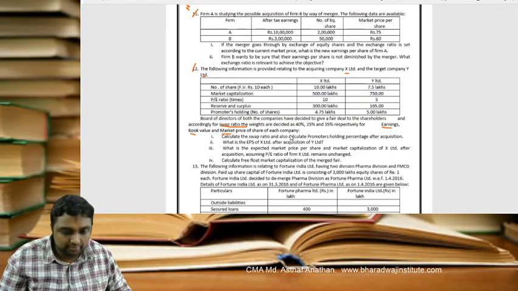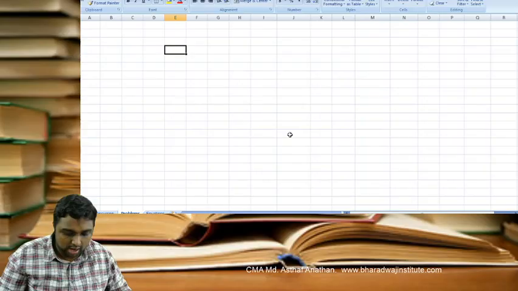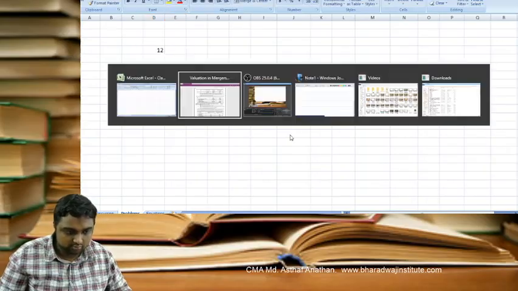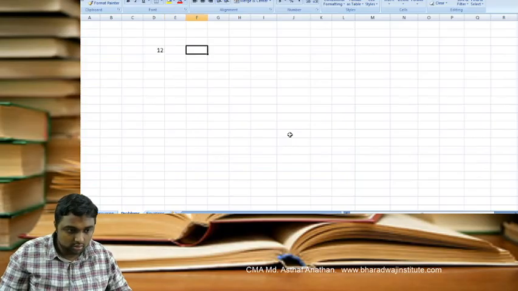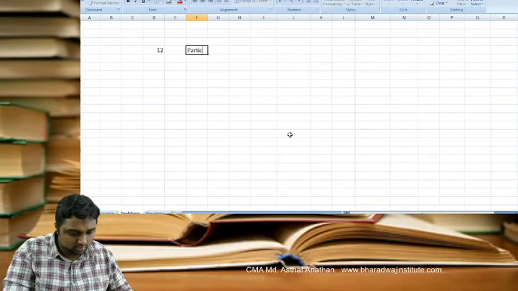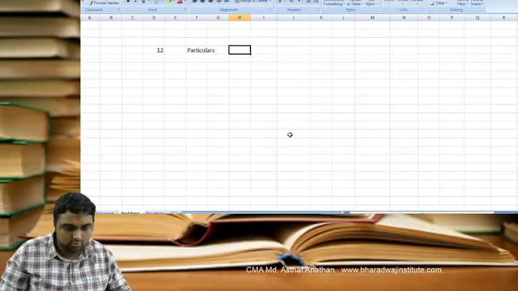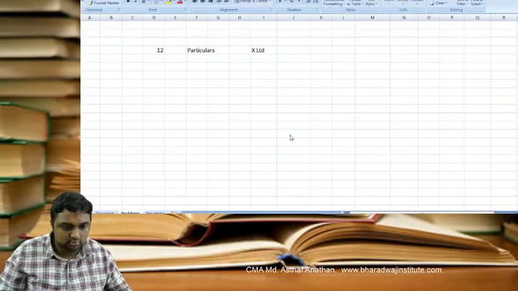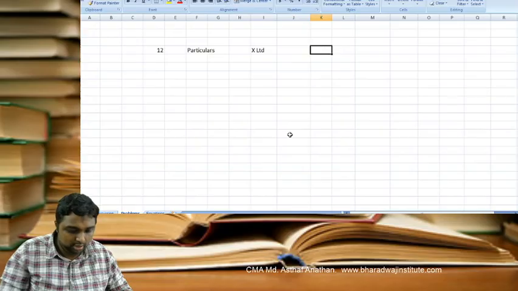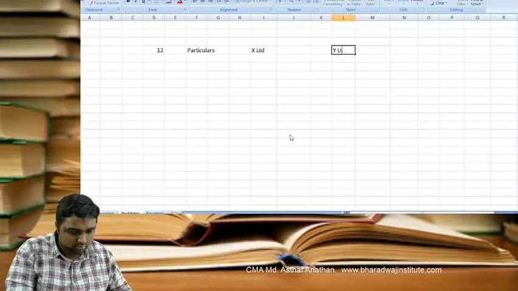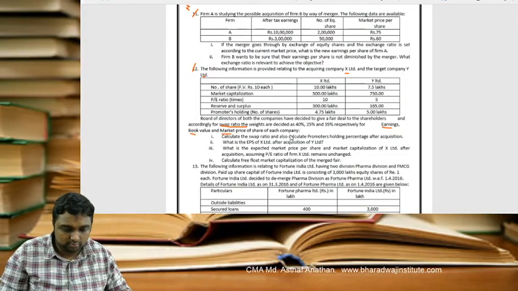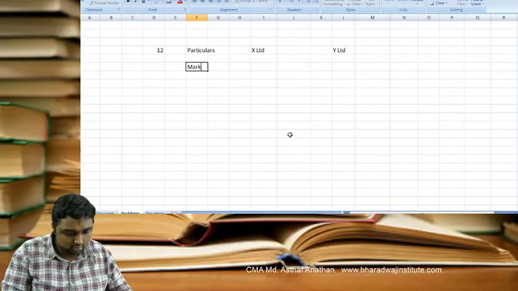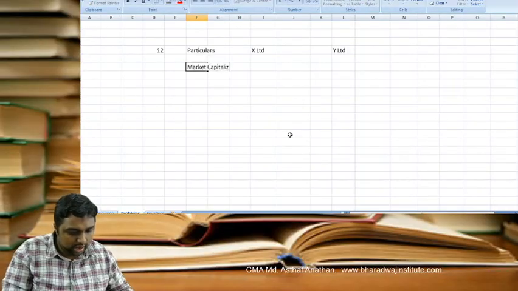What is the question number? 12. We have X Limited, Y Limited. Market capitalization.